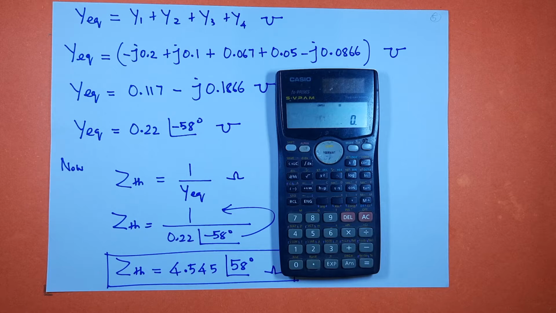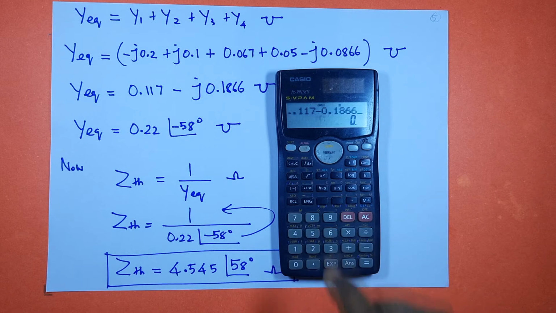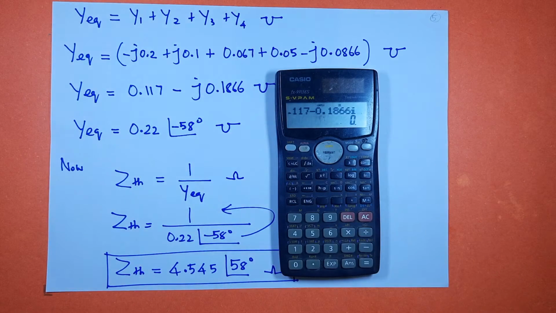Next, what we have to do is enter the real part, 0.117, then minus 0.1866. This is the imaginary part, so press shift and then i for the imaginary part.